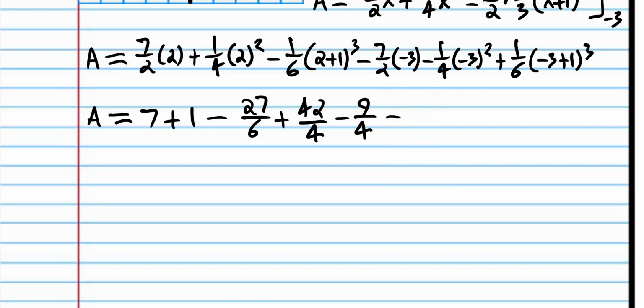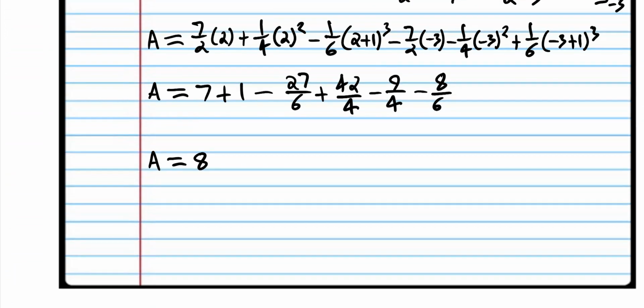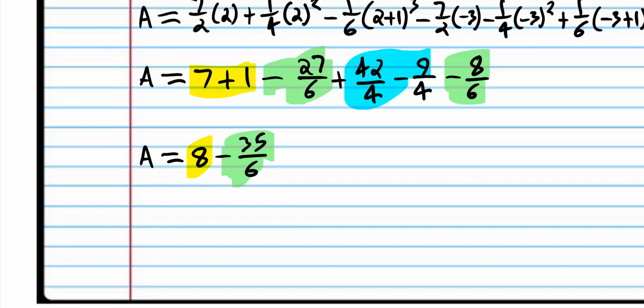So I'm going to change that to 8 over 6. That'll just make the math easier for us. So we have 8 and negative 35 over 6, combining these. And combining these, looks like we have 33 over 4.